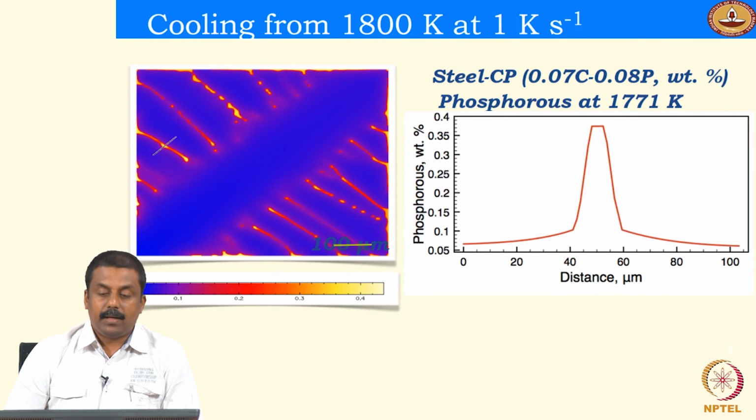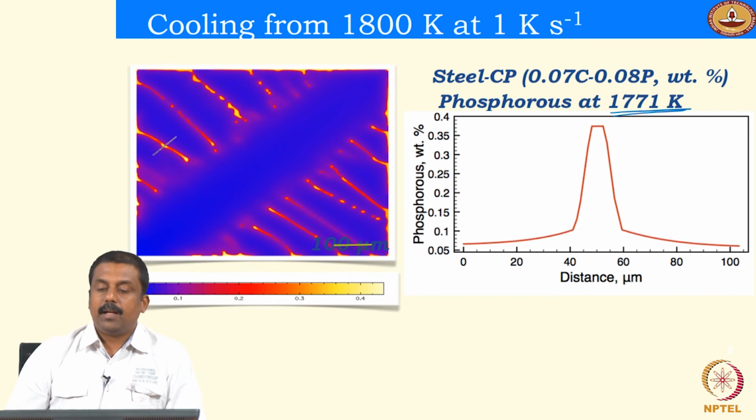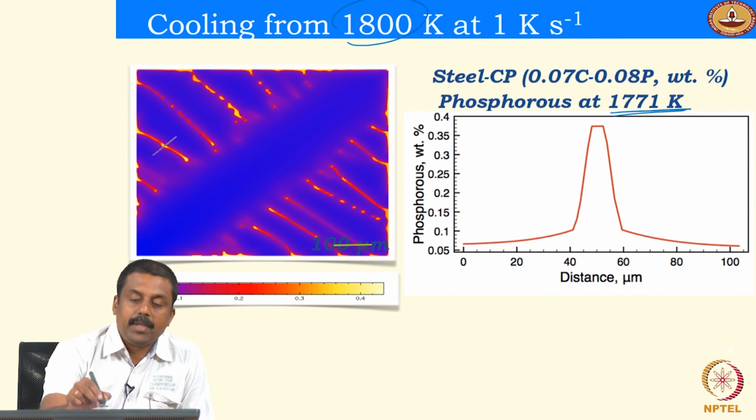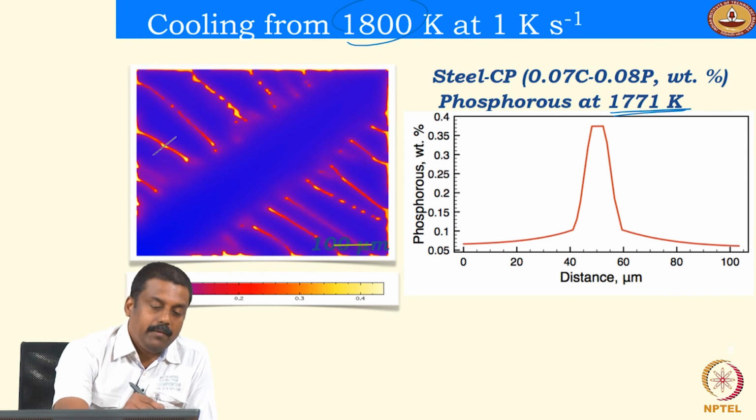And now we will compare one case where we froze the microstructure at a temperature of about 1771 Kelvin. The solidification begins somewhere around 1800 Kelvin, and we froze the microstructure at 1771 Kelvin, where we still have liquid present in these regions, for example at these boundaries.